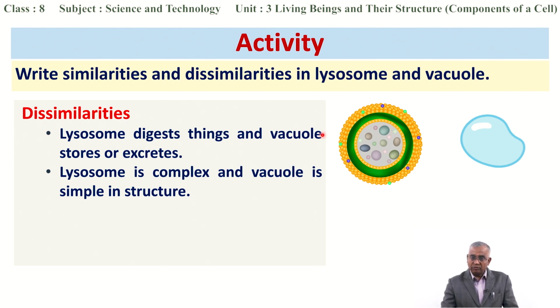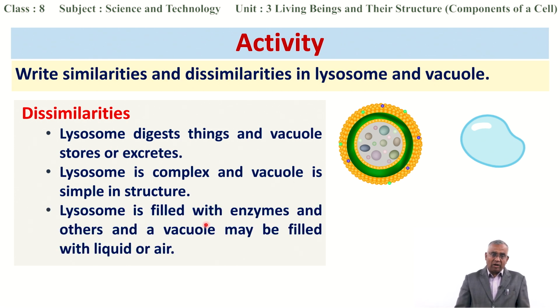Vacuole just has a single layer membrane inside which either air, gas or some sap is filled. But here there are different structures, lipid layer, other layers, then different types of enzymes. So lysosome's structure is complex. Lysosome is filled with enzymes, while a vacuole may be filled with liquid or air. So not only structure, what it is filled with is also different.